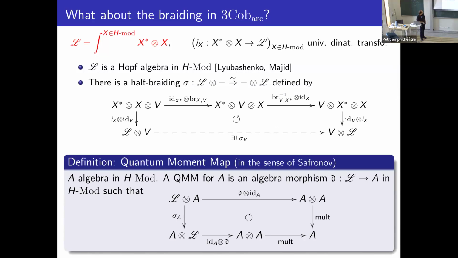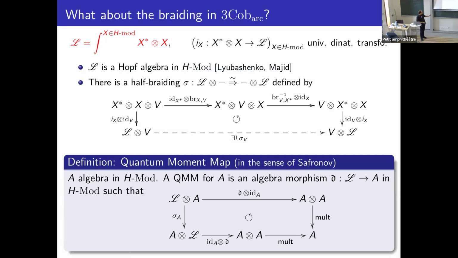But then I don't know if it is a quantum moment map. Trying to understand the meaning of this. Is there another definition of quantum moment map, or can you say something more about this?